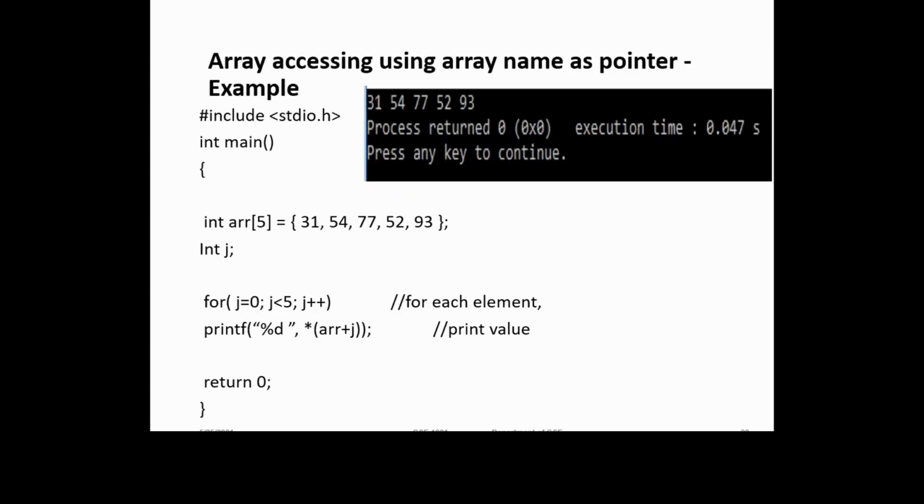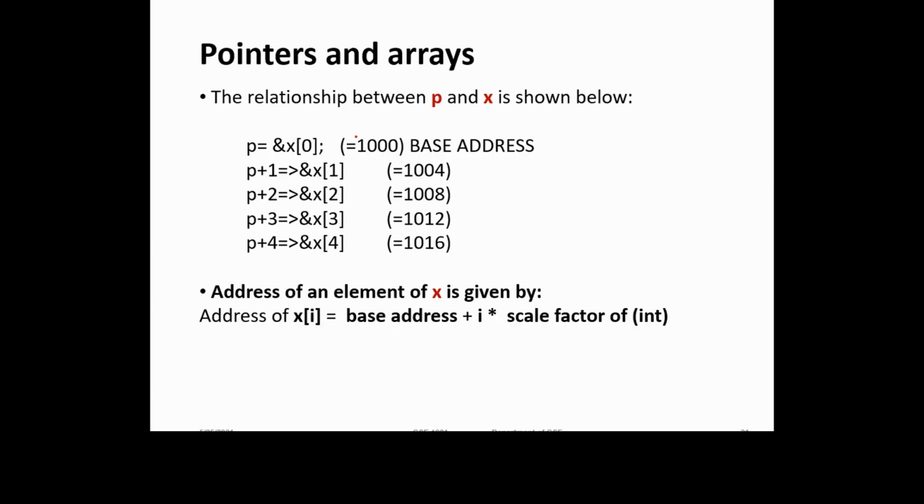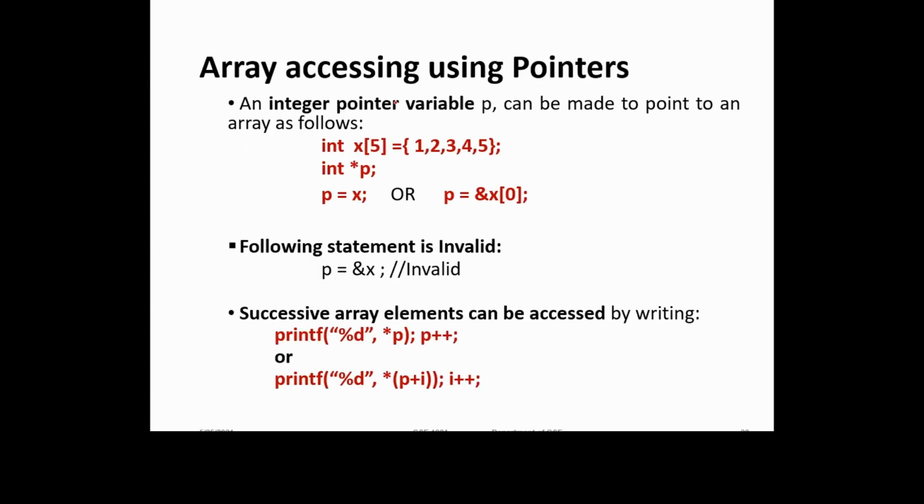Now array accessing using the array name as a pointer. It is the same as we have shown previously: printf("%d", *(p + i)), and we are increasing the value of i.